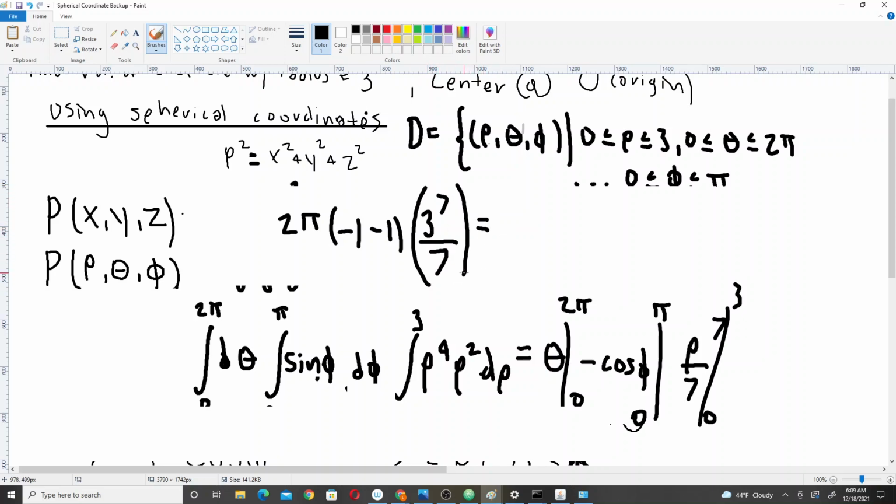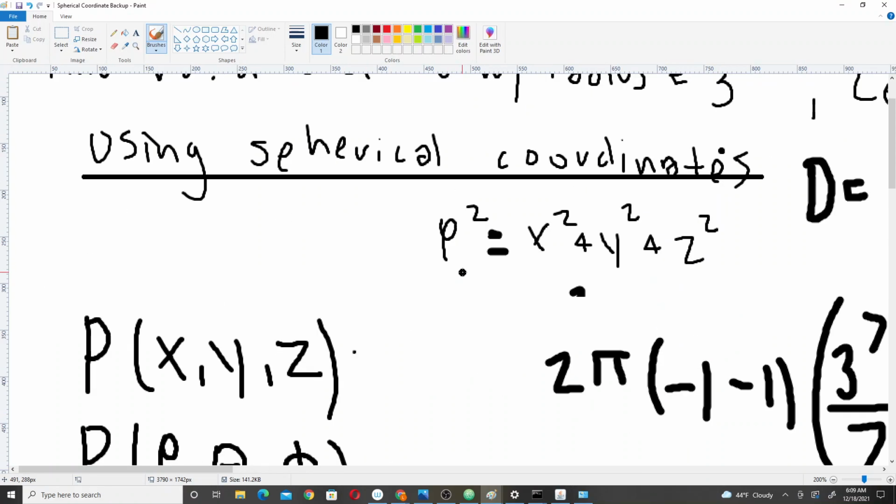Okay, let me do that calculation. 2 pi times 3 to the 7th over 7 times negative 1 minus 1, that would be negative 2.